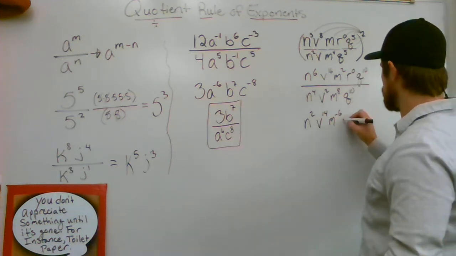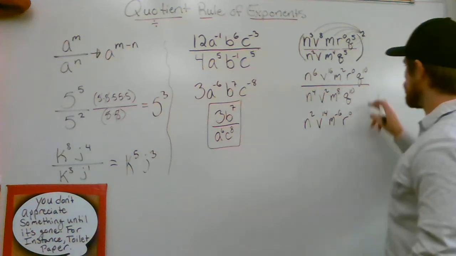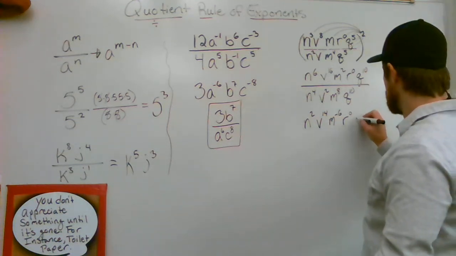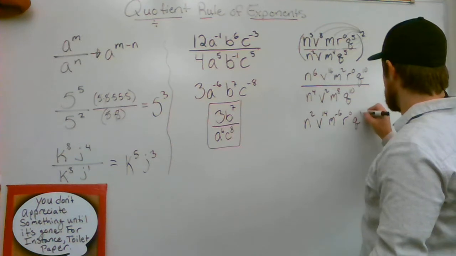R to the 0 stays r to the 0. Q to the 10th and q to the 10th is going to give me q to the 0 power.